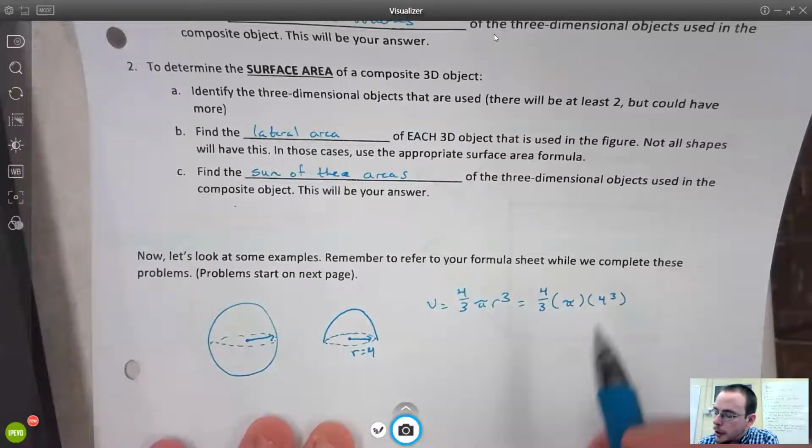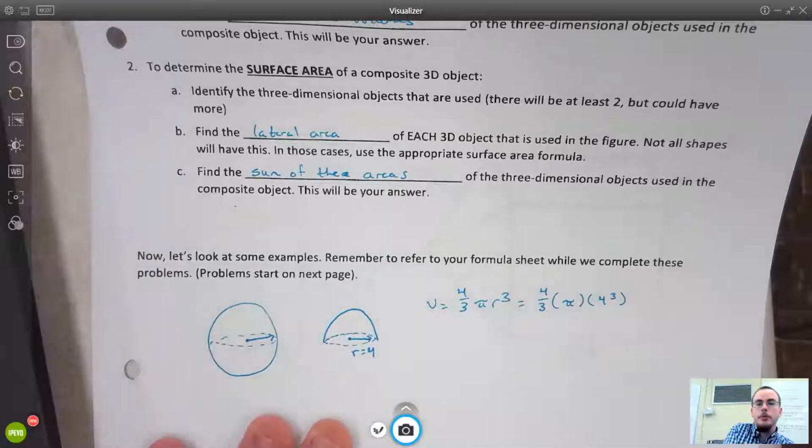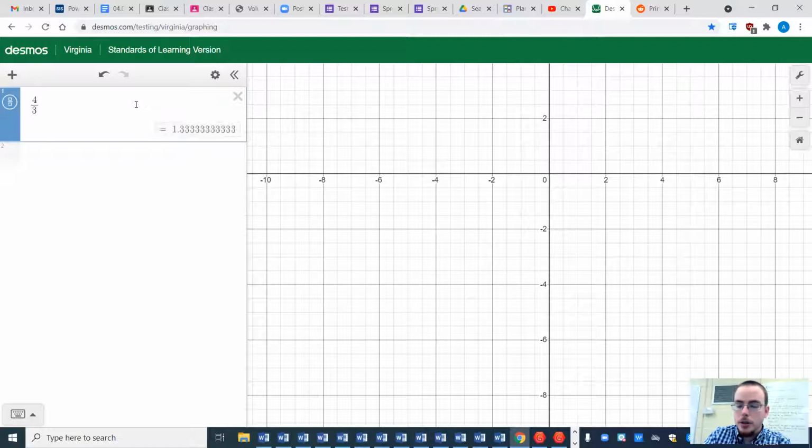And 4 cubed, excuse me, is 64. We're going to type this in our calculator because it's easier. So 4/3 times 4 cubed, and we're going to go ahead and type in pi there as well.